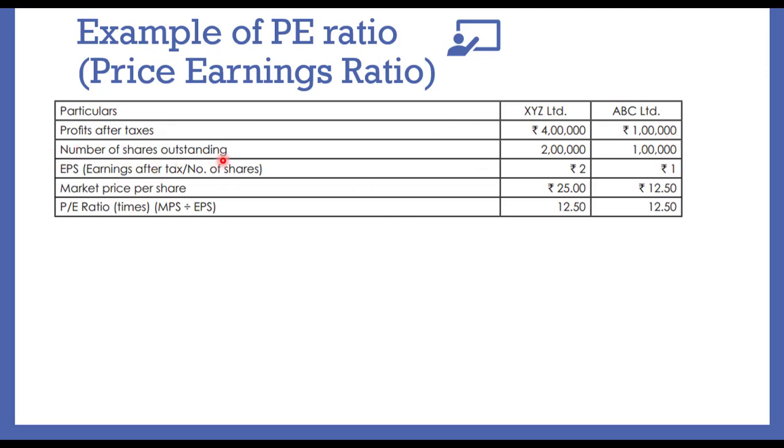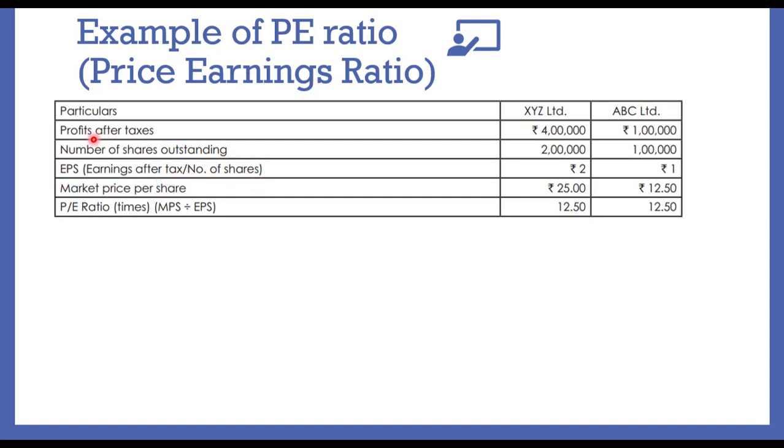Number of shares outstanding is 2 lakhs for XYZ Limited and 1 lakh for ABC Limited. You can just check for yourself. If we have these two financial elements, what we can find next is EPS, which is earnings after tax divided by number of shares.